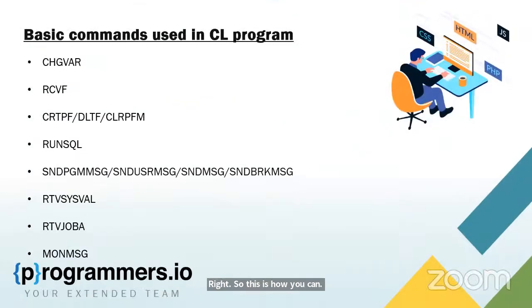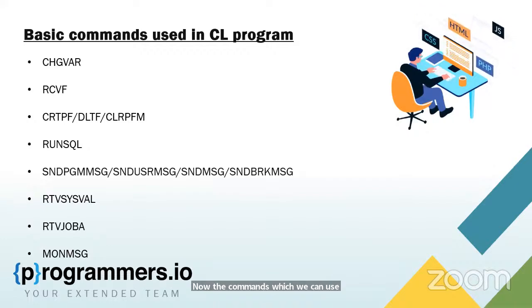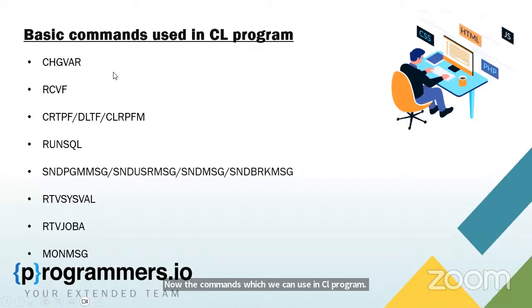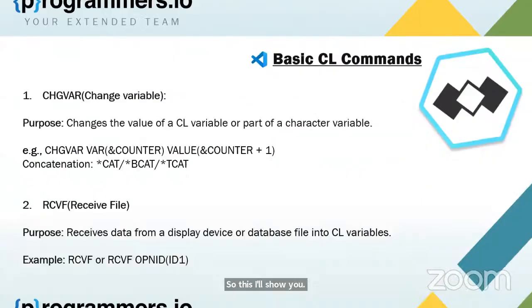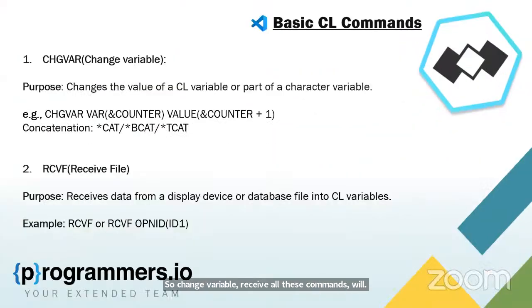Now the commands which we can use in a CL program are CHGVAR, RCVF, and so on. All these commands we will go through. Change variable is basically to change the value of the variable.